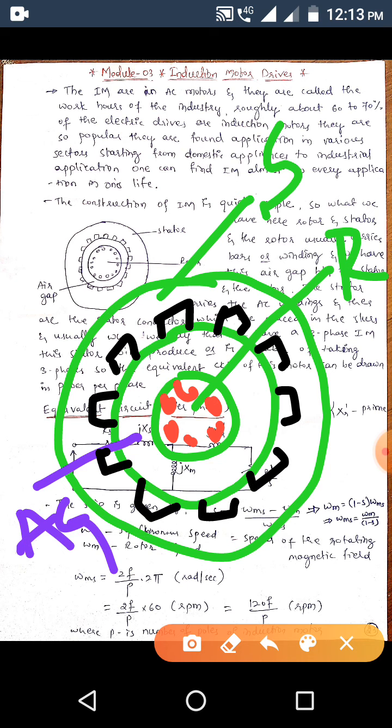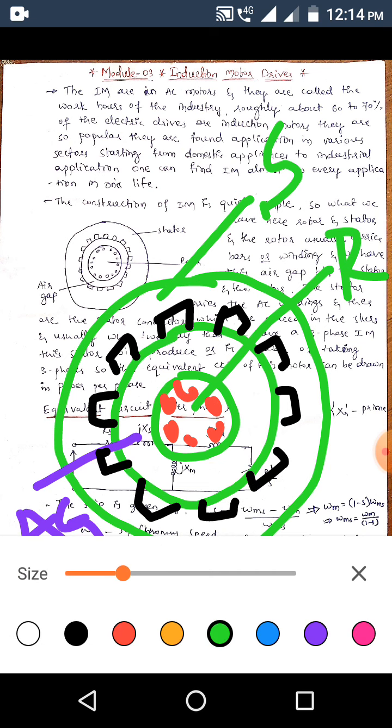Usually when we say that we have a three-phase induction motor, this stator is capable of taking three-phase power supply, so that the equivalent circuit of this motor can be drawn per phase.